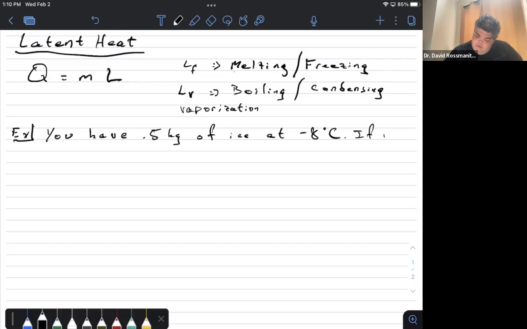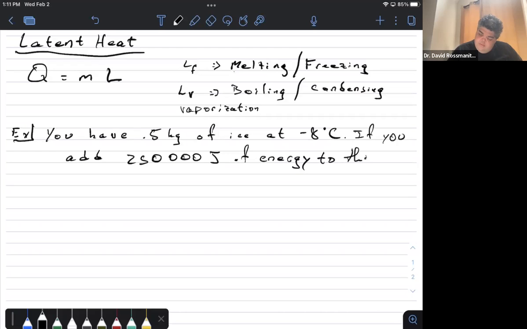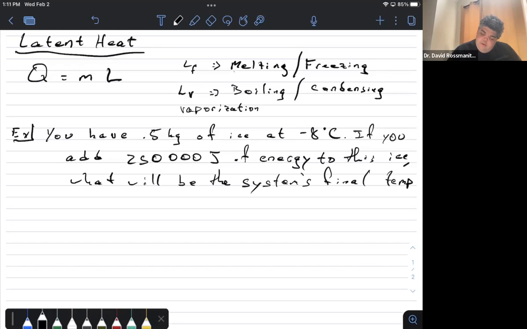If you add 250,000 joules of energy to this ice, what will be the system's final temperature?